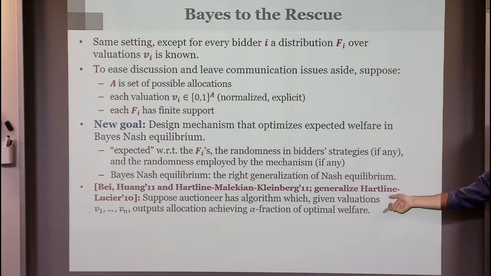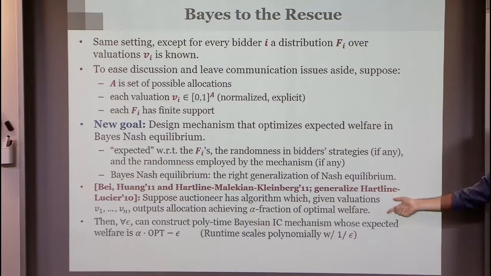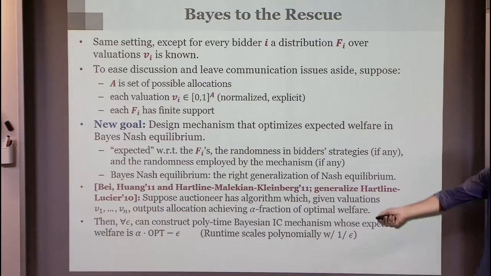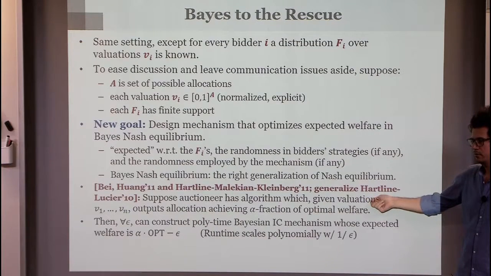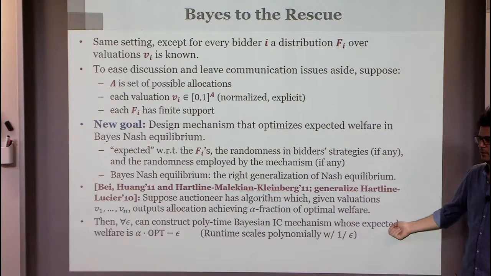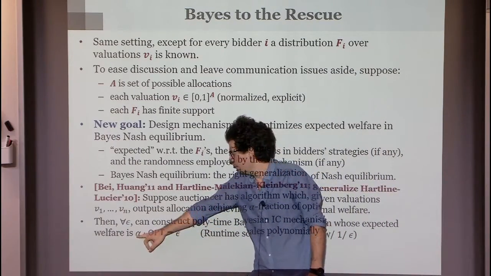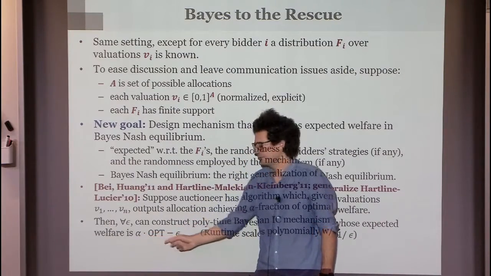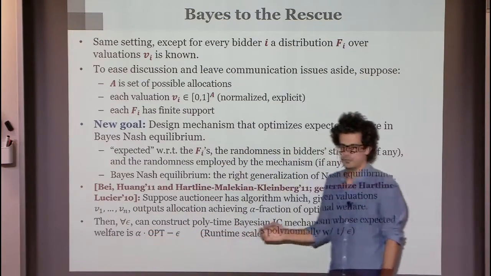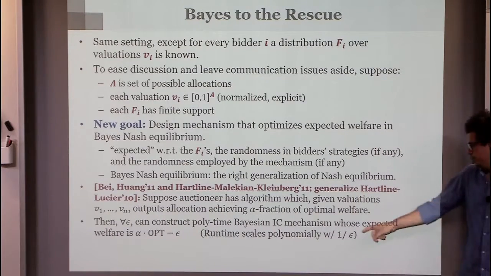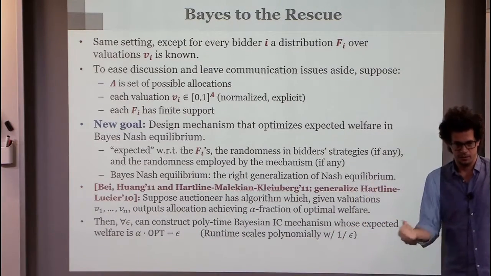It's an algorithm that, if people weren't strategic, would guarantee an alpha fraction of the optimal welfare. Now, the claim is that even if agents are strategic, for any epsilon you desire, you can convert this algorithm to an algorithm that's robust to the strategic behavior of agents, and the guaranteed welfare is the same fraction of the optimum, except you're losing an epsilon, which you can tune to 0 by paying running time that scales polynomially in 1 over epsilon.